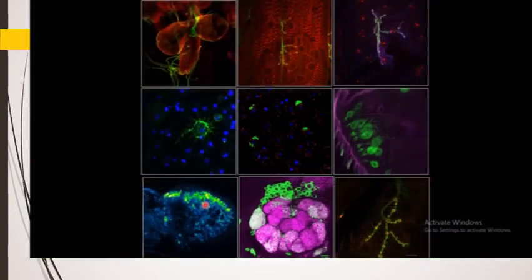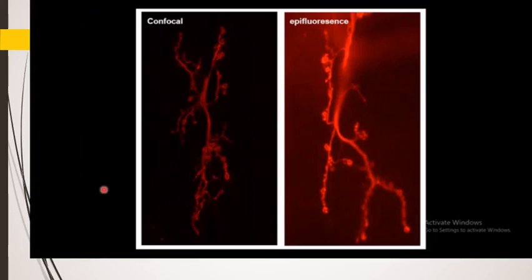And one of the reasons to do confocal microscopy is to get these beautiful images. But that's not actually true. Here are two same images, which are taken in an epifluorescence microscope and a confocal microscope. Clearly, you can tell in epifluorescent microscope, there is a lot of background, as if the image is fuzzy and blurry.